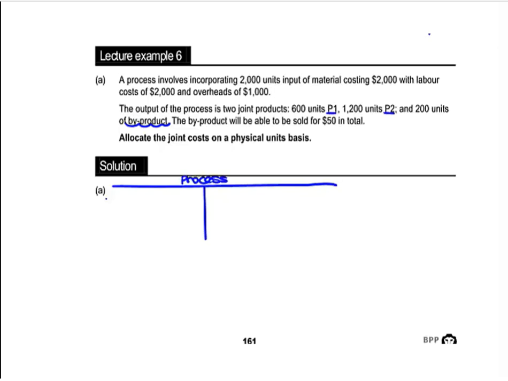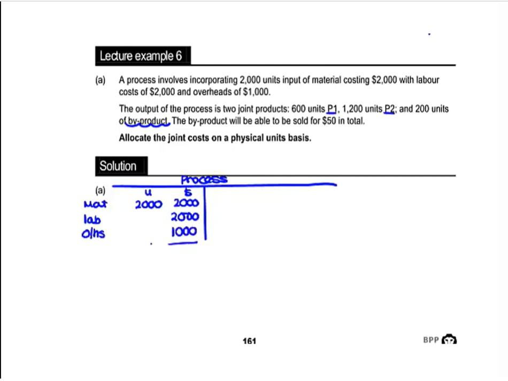So we've got then materials, and we've got 2,000 units of materials which cost $2,000. We've also got labour costs of 2,000 and overheads of 1,000.